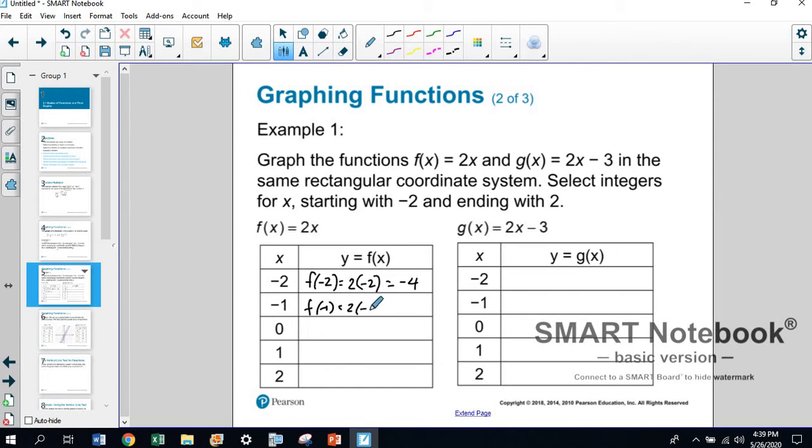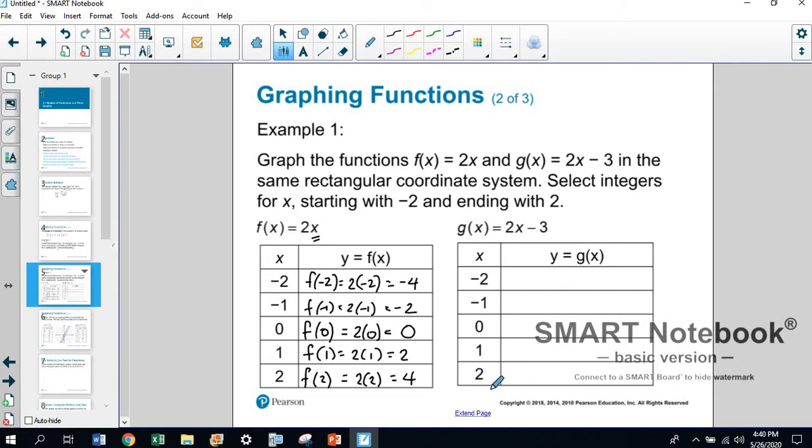That's 2 times -1, which is -2. Plug in 0. You get 2 times 0, and anything times 0 is 0. All right, and so we're just taking the number x and we're plugging it in for the x in our function. 2 times 1 is 2. F of 2, 2 times 2 is 4.